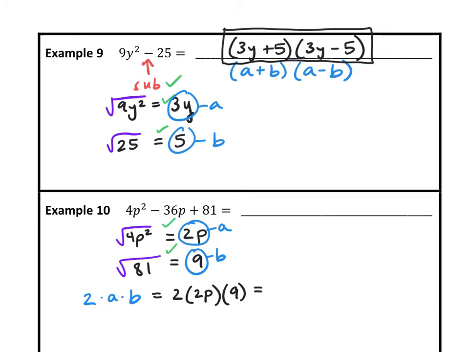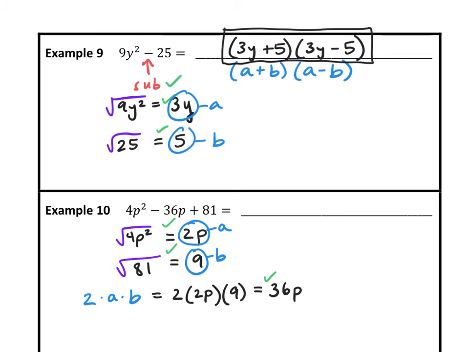So I put 2 times a times b. Okay, so let's multiply it out. 2 times 2 is 4. 4 times p is 4p. 4p times 9. 4 times 9 is 36, so it's 36p. And so that matches the middle term.